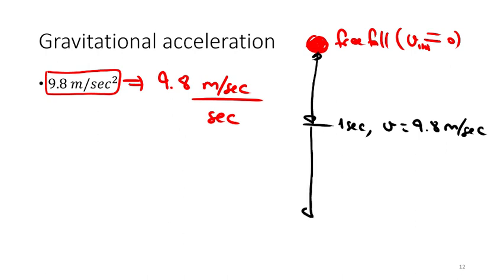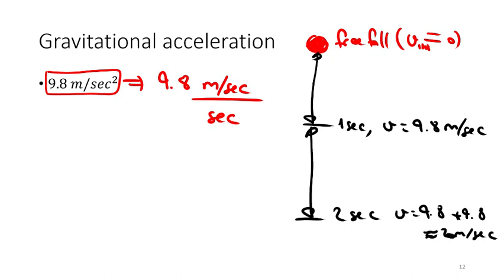In another second, at 2, it will be 9.8 plus 9.8, so approximately, let's say, 20 meters per second. So at each second the velocity of the particle increases by 9.8 meters per second. This is what the gravitational acceleration tells us.